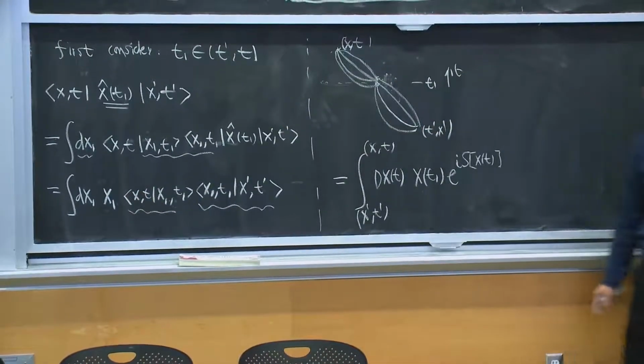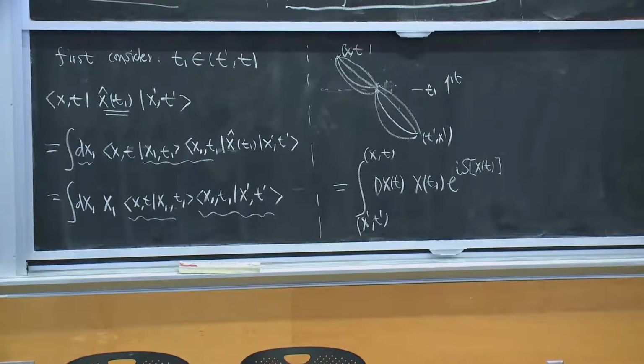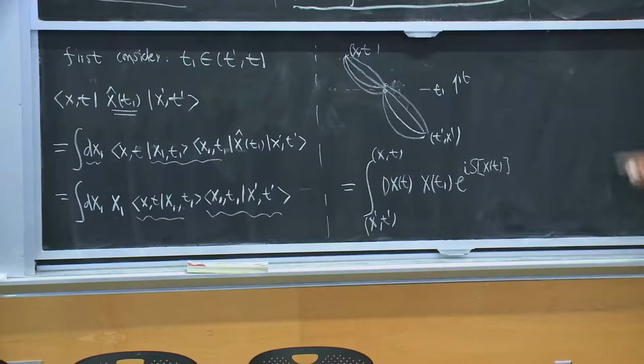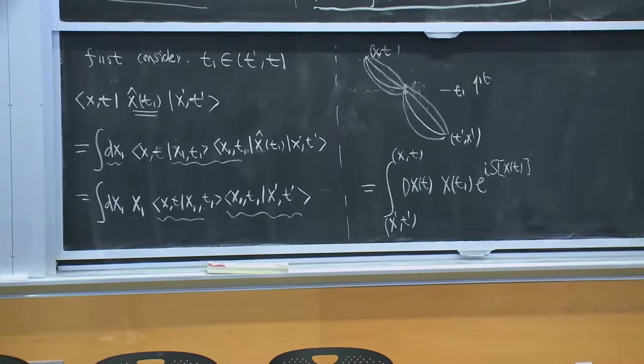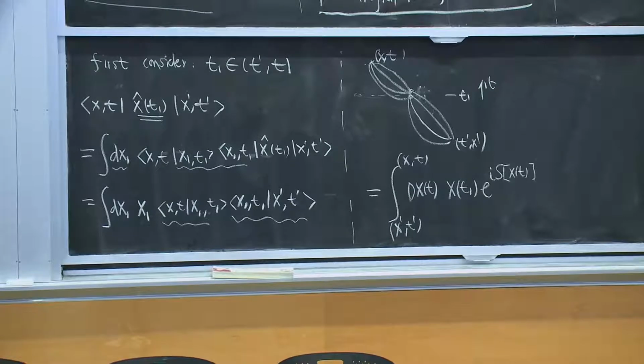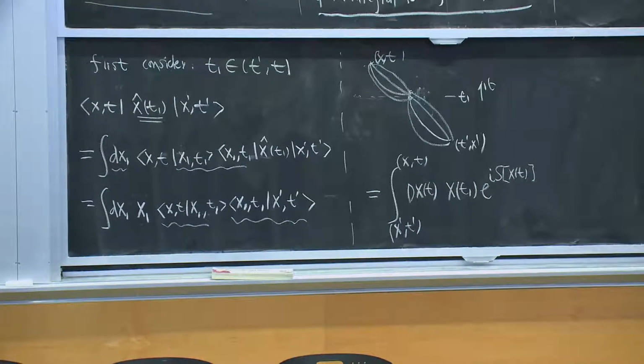Is this clear? You can do this explicitly by plugging in those formulas and manipulating, and you will get this. But it's much easier to understand it heuristically, using a diagram. Good?